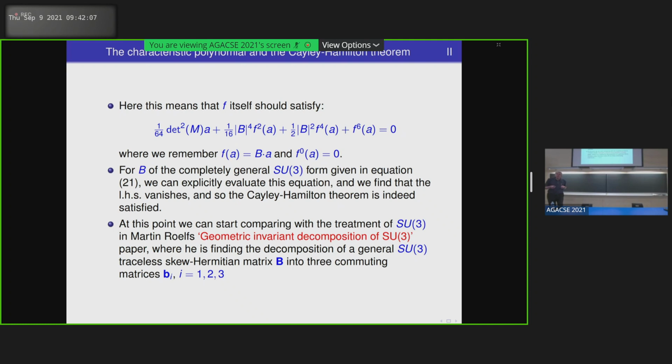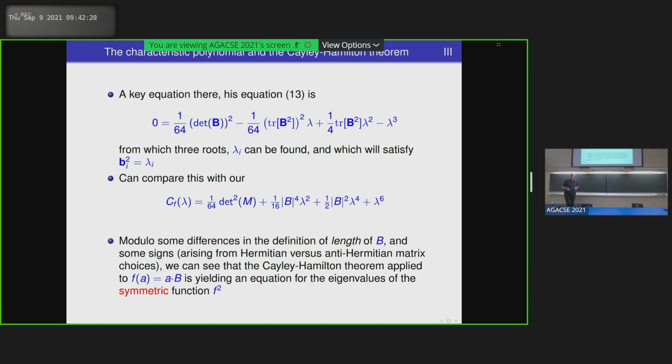But now at this point, we can start comparing with the treatment given by Martin in his geometric invariant decomposition paper, and he's finding the decomposition of a general SU3 element into a traceless skew Hermitian matrix B, which is represented by that, into three commuting matrices B sub I. And the key equation in that for getting these eigenvalues is as shown in the top thing here.